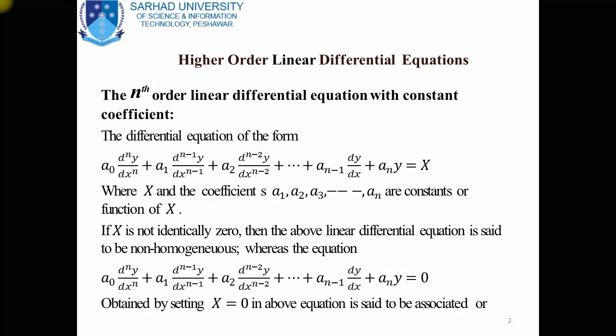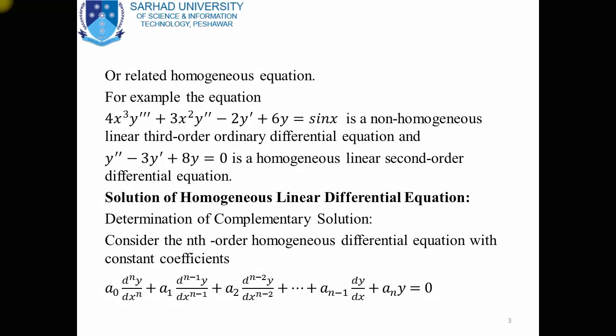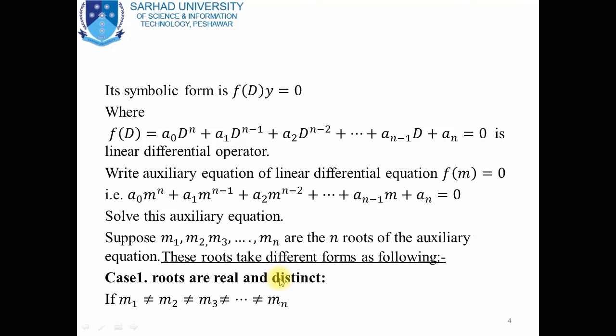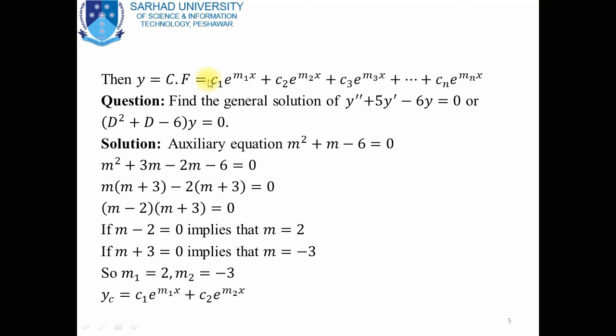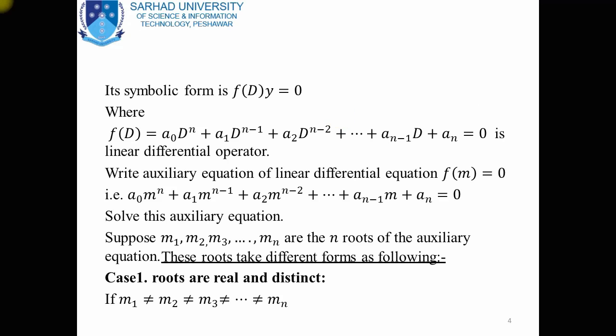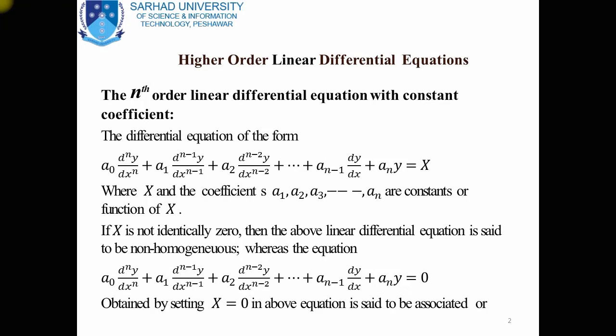So if the roots are real and different, then the complementary function will be c1 e power m1x plus c2 e power m2x plus c3 e power m3x plus and so on plus cn e power mnx. So dear students, again I would like to tell you about the higher order linear differential equation.